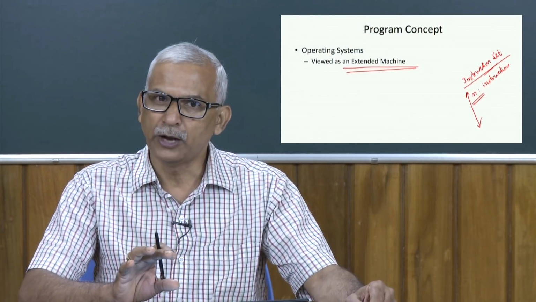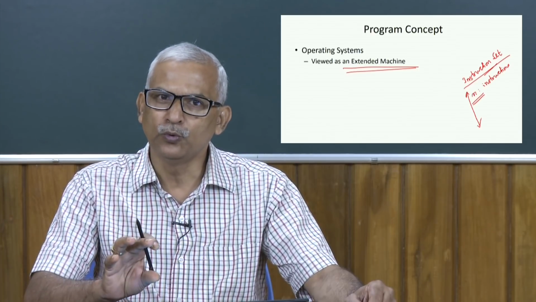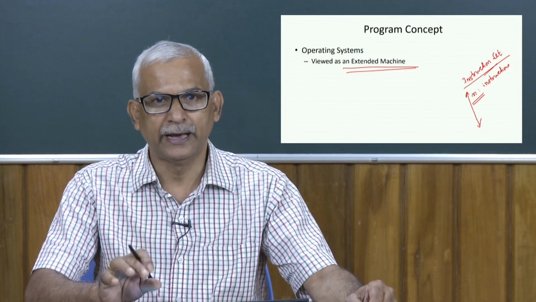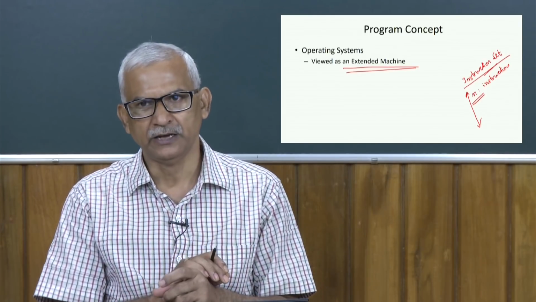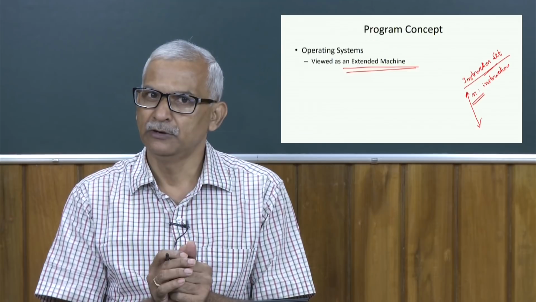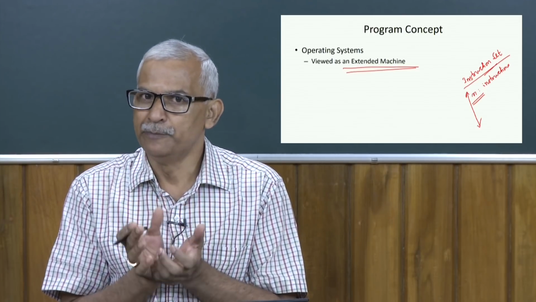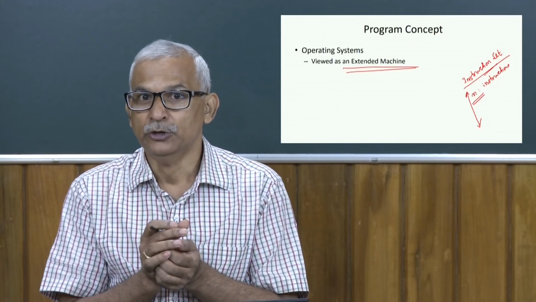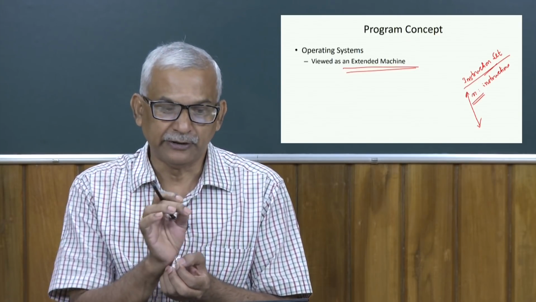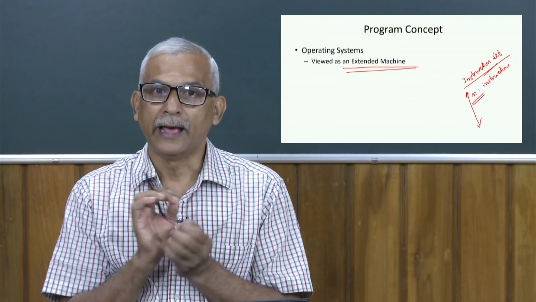So, such routines we write in one go, keep everything in one place, and say that this is a component of my operating system. When we boot, all those instructions will be in place so that I can use them. That is why I am saying we view the operating system as an extended machine.